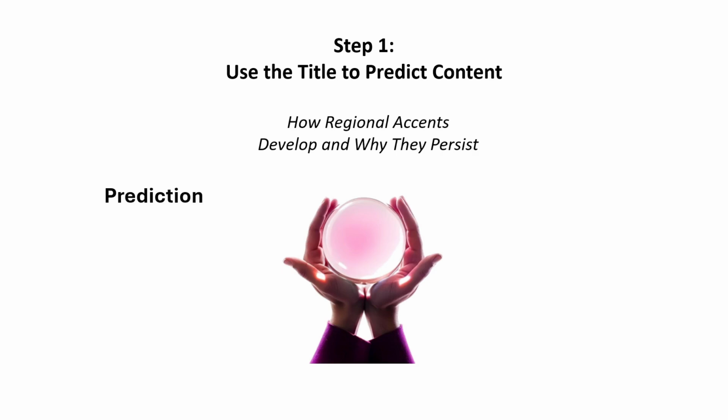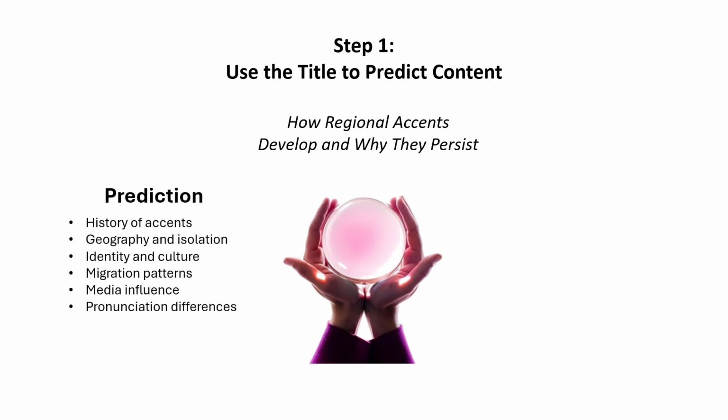might predict that there'll be something about the history of accents, the geography and isolation, identity and culture, maybe migration patterns, maybe something about media influence, and maybe something about pronunciation differences. That's just basic ideas from your general knowledge.